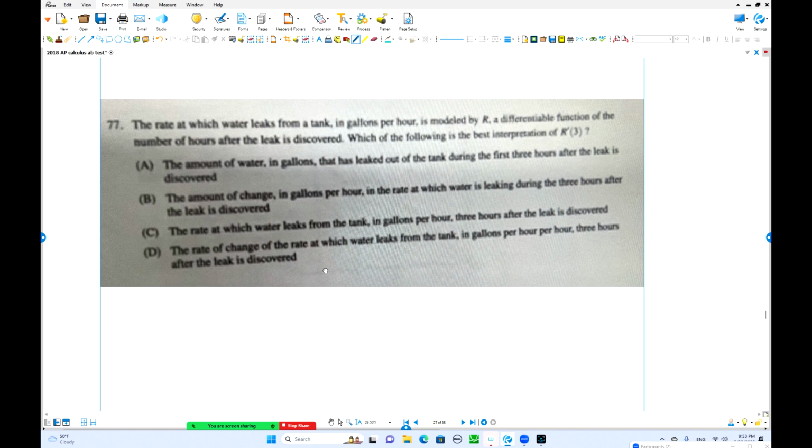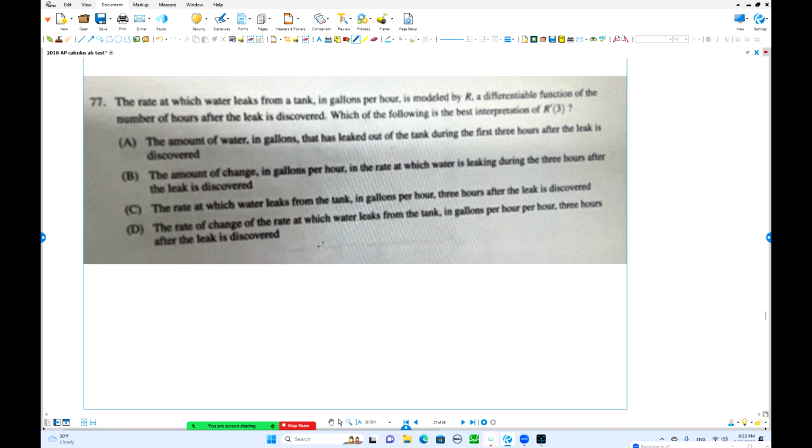Let me see. Number 77. The rate at which water leaks from a tank in gallons per hour, yeah, they're leaking, okay?